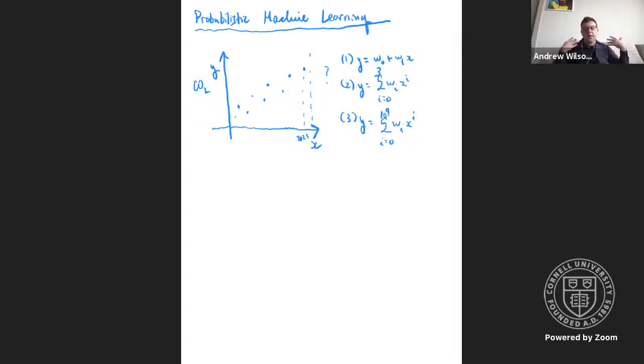And in fact, in this lecture, I'm going to argue that we would want to make choice 3. And in fact, choice 3 is probably insufficiently expressive, insufficiently flexible, because we know that there's some setting of the parameters in choice 3, the wi's, which should be able to give us a better solution than could possibly be managed by choices 1 or 2, which are just special cases of choice 3.